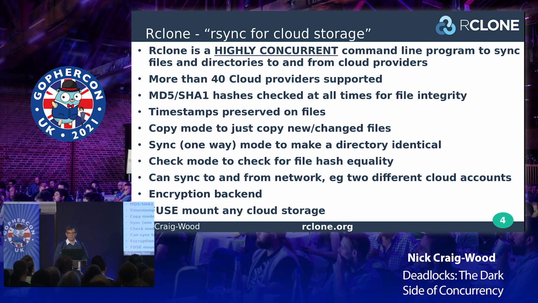It can also mount your cloud storage system as a network drive using its Fuse filing system. To make it run fast, rclone is riddled with Go routines, and the inevitable channels and locks which go with them. And in turn, the inevitable deadlocks. Before I started on the rclone journey, I knew nothing about deadlocks.